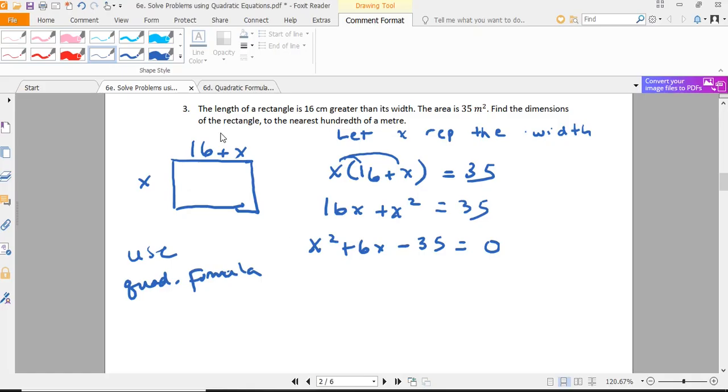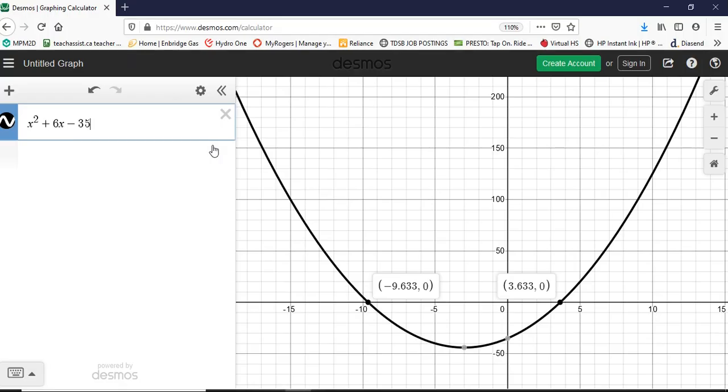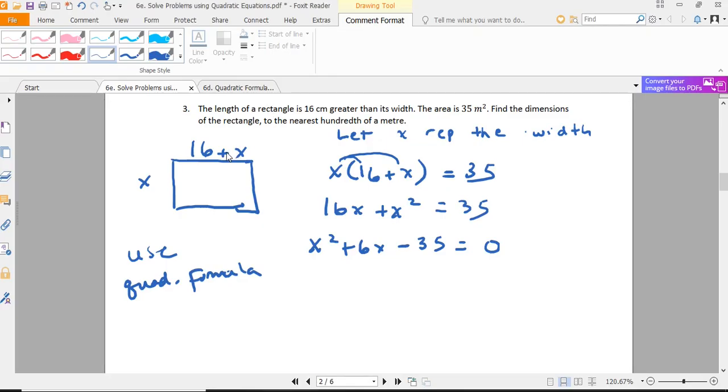In fact, you can check. 3.633. That means the width would be 3.633, and the length would be 16 plus that, so it would be 19.633.